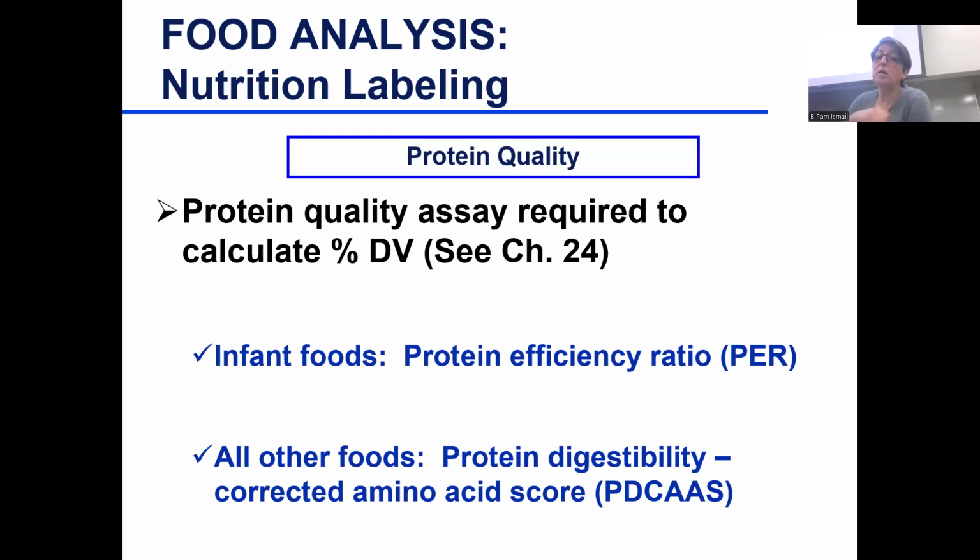So protein quality, we will have a lecture expanding on protein characteristics, but in order to calculate percent daily value, if the requirement on average is 50 grams per day, but it really depends on your weight.